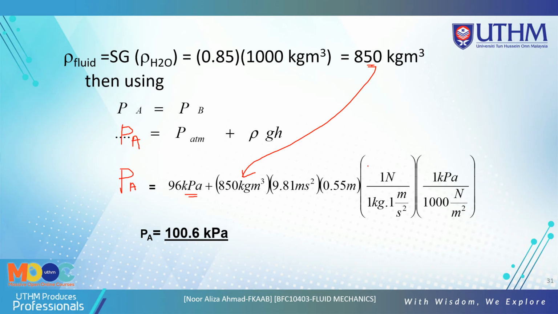If you know how to convert, no need to use this unit here. Kalau you boleh tahu nak convert dia macam mana, tak perlu letak this one ni. I just put it here to show you how to convert from Newton per meter squared to kilopascal. So we get the value of PA here in kilopascal.